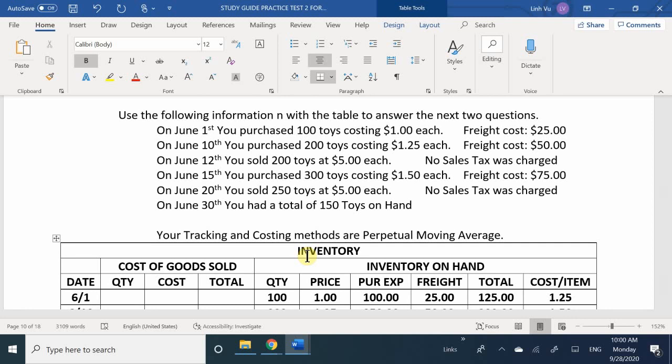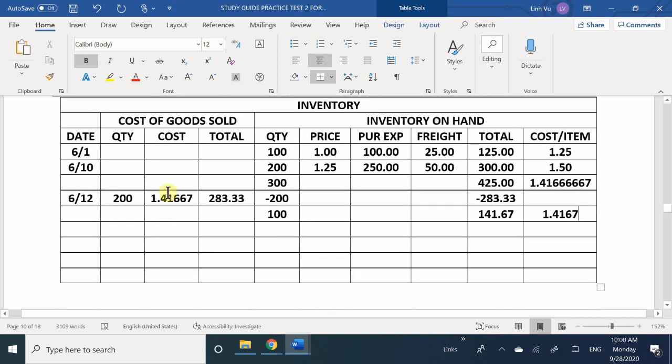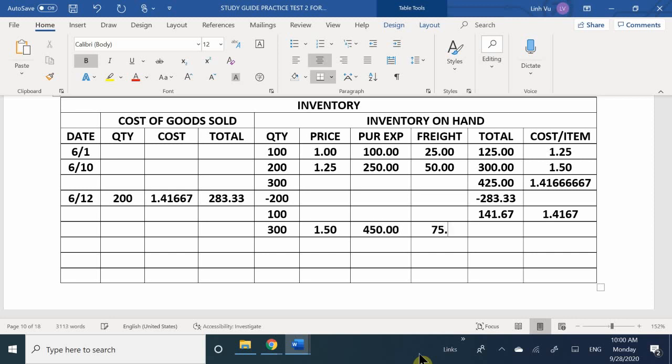On June 12th, we already sold the 200 items. Now we're on June 15th. Purchase another 300 at $1.50 each with a cost of 75. So now we are increasing 300 at $1.50 each, which should give us 450, plus 75, which gives us 525.